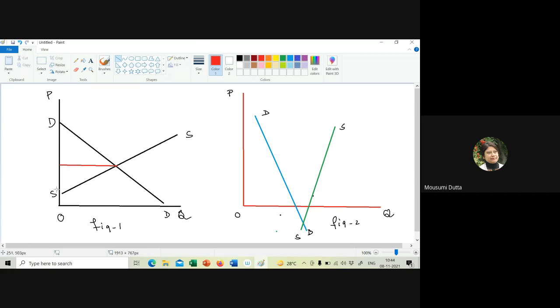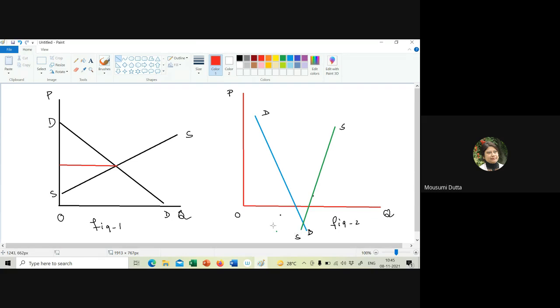Because this is a positive number, say 10, 12, 100, 140, whatever. This is a positive value, so price is positive here. The lines are cutting each other in the positive quadrant so that the market clears at a positive price. In this particular diagram, both the demand and supply curves are following their usual slopes.